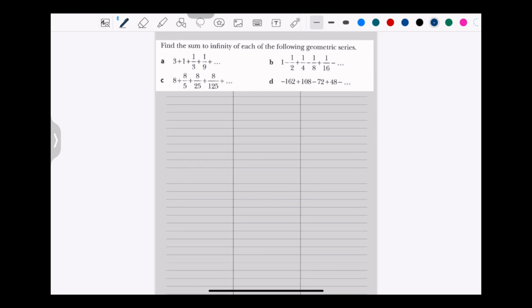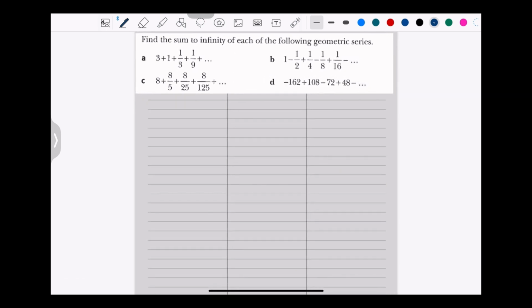So if you look at the first one, I can see that 3 plus 1 plus 1 over 3 plus 1 over 9 plus and so on.